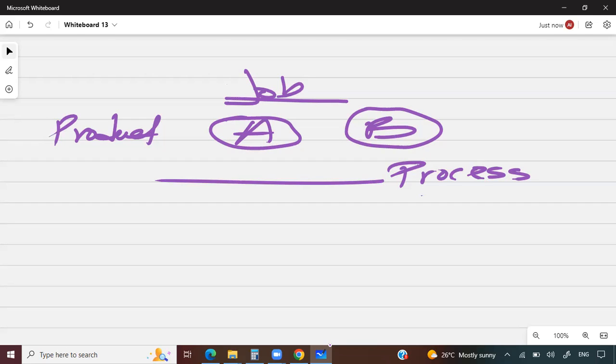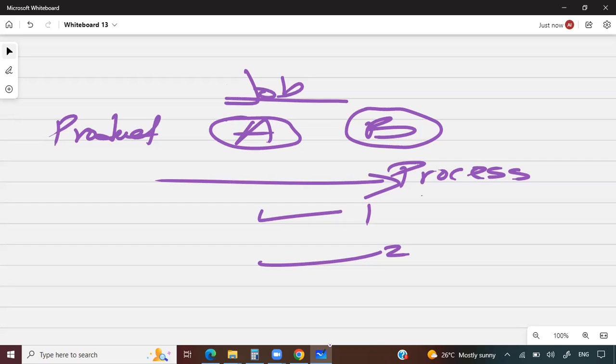They will pass through the same process. Product A will pass through process 1, then process 2, and the same for B, it will pass through process 1, then process 2. Then we use process costing.